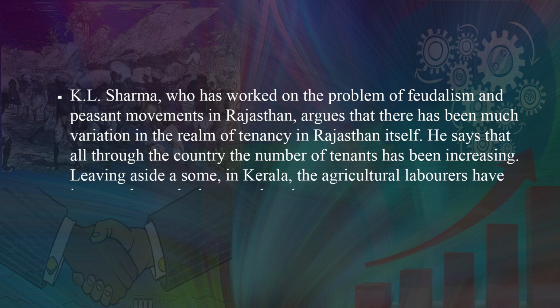He says that all through the country, the number of tenants has been increasing, leaving aside a few. In Kerala, the agricultural laborers have increased over the last 2 decades.